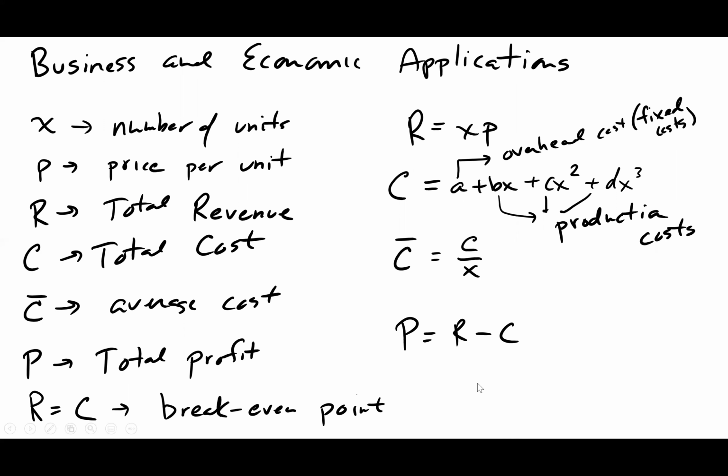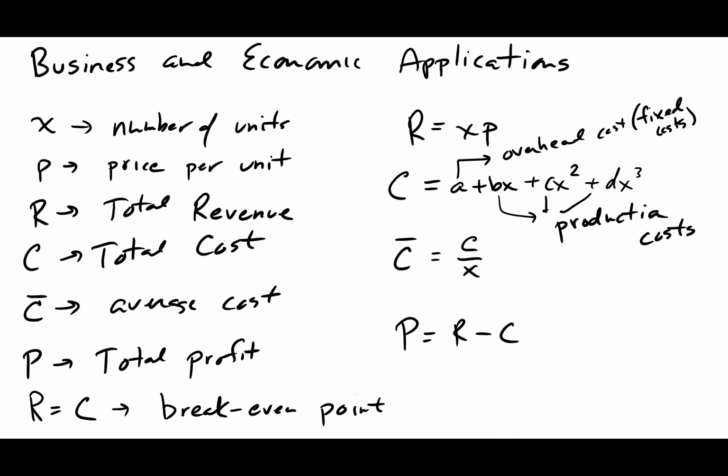Let me just check something out. Okay. All right, and the formulas that we're going to use. So 4 formulas to start off with here. Revenue is, whenever we get revenue of things, it's always how many units you sold at the price that you sold it at. So it's x times p. The total cost equation has pieces inside it, but usually has a constant.